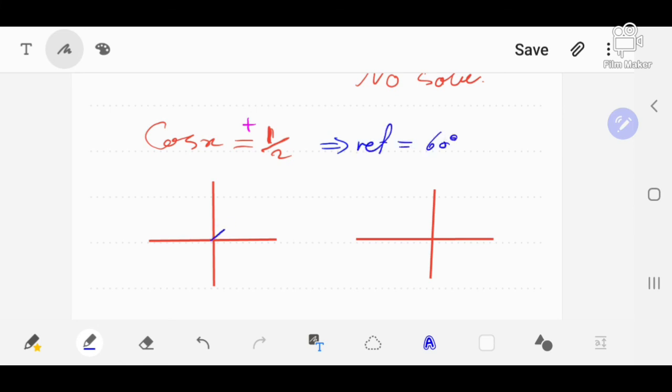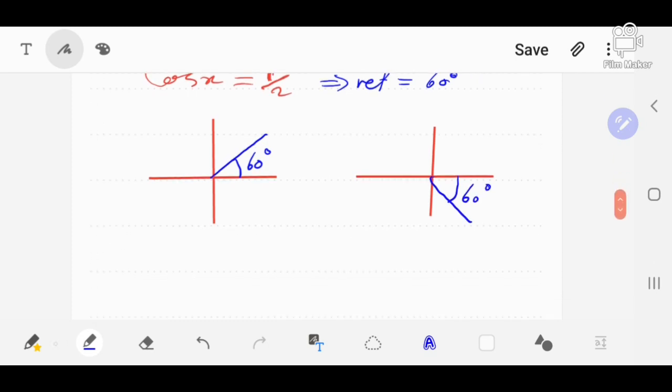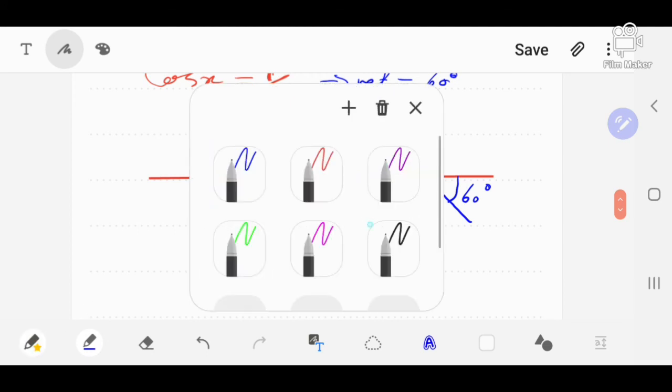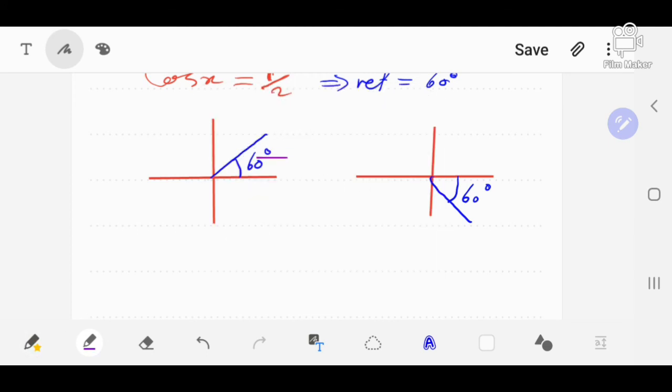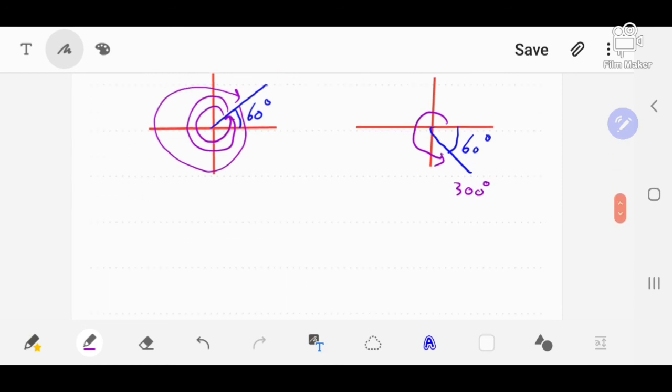So I'm talking about either 60 degrees in the first quadrant or 60 degrees as a reference in the fourth quadrant. What does this mean? What are the solutions? Let's have a look. So it's 60 and all its coterminal angles, positive and negative. And in this case, it's 300 with all its coterminal angles, positive and negative.